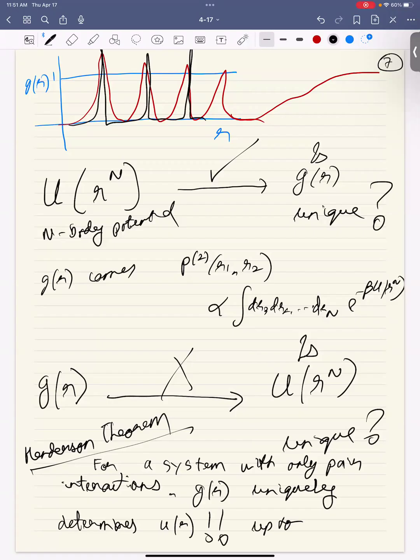And we don't care about additive constant, right? That's just shifting the scale. Up to an additive constant.